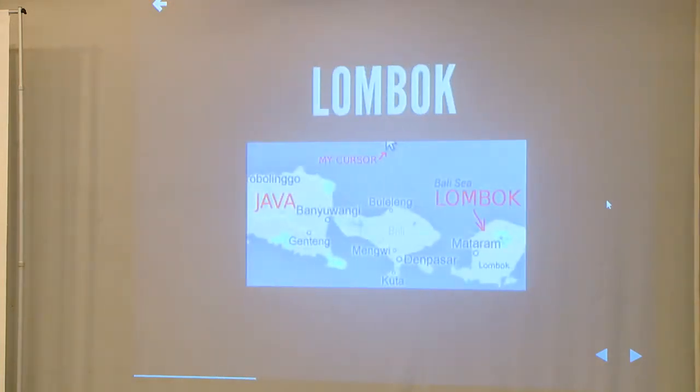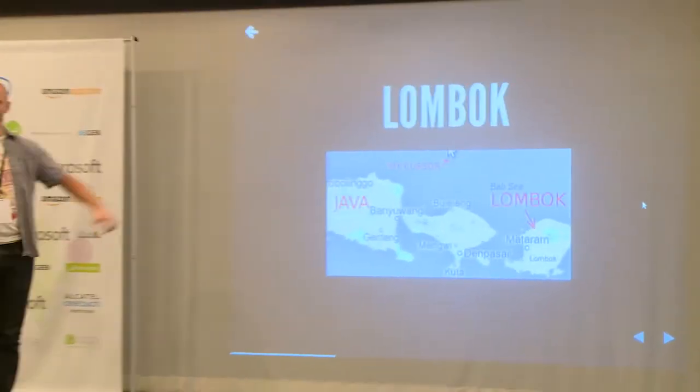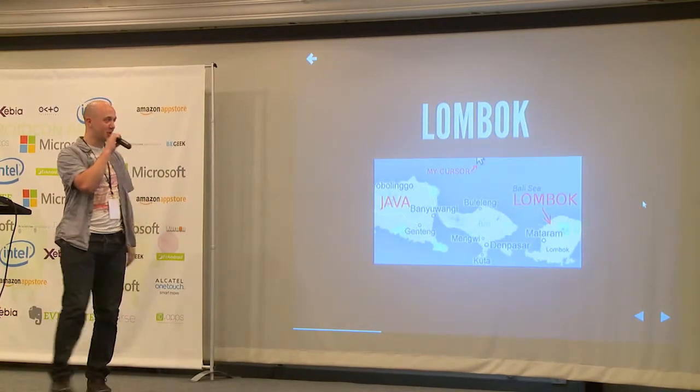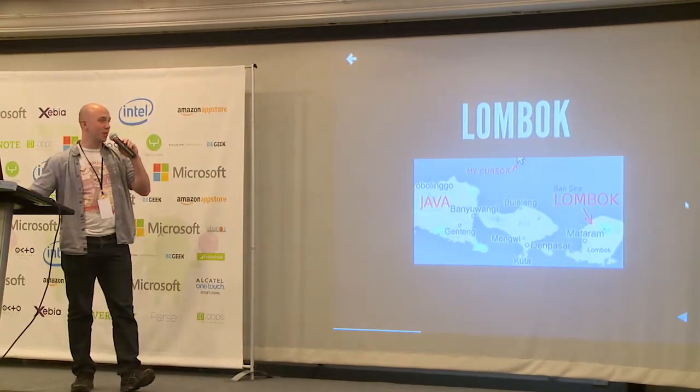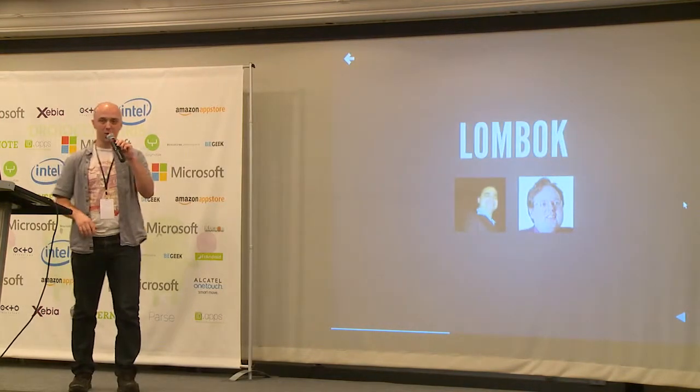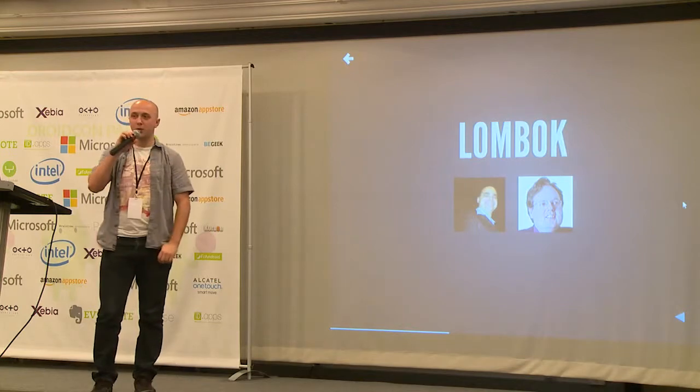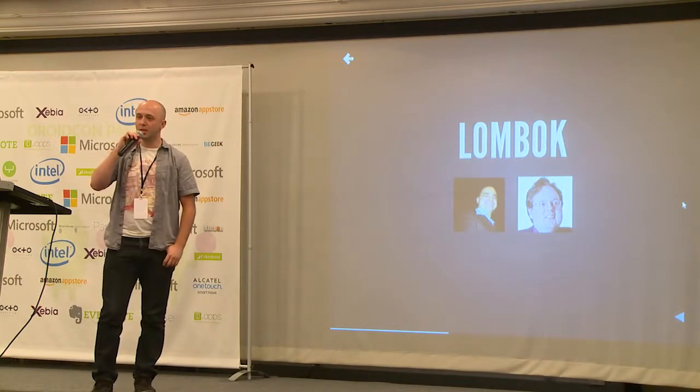But before, I would like to introduce Lombok. Anybody heard about it? It's a small island. You never heard about a small island called Lombok? Near Java. You probably know Java. So Lombok is not only a small island, but it's also a library that uses a very hacky way to insert code into your code.